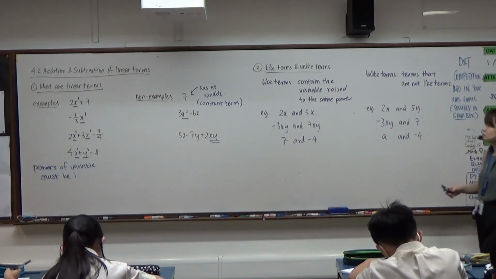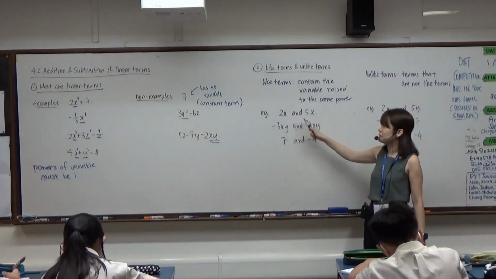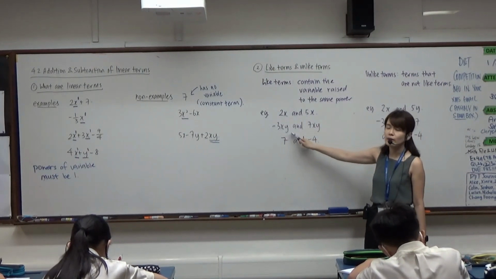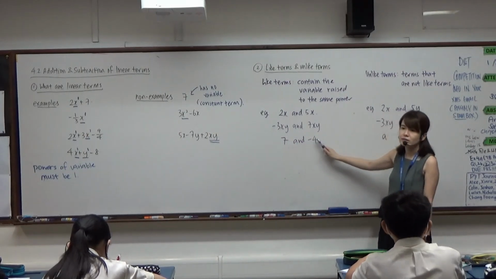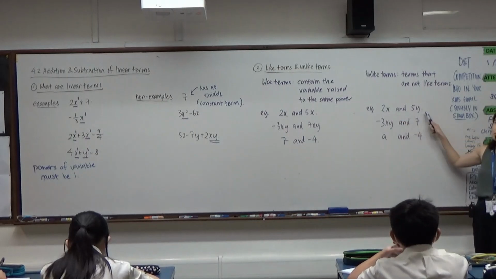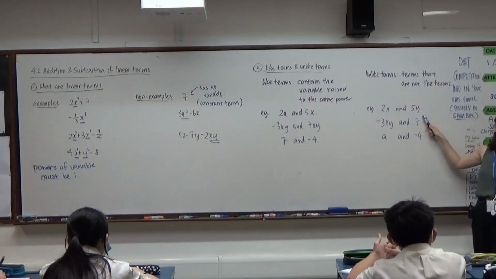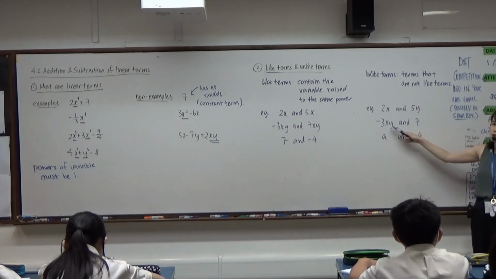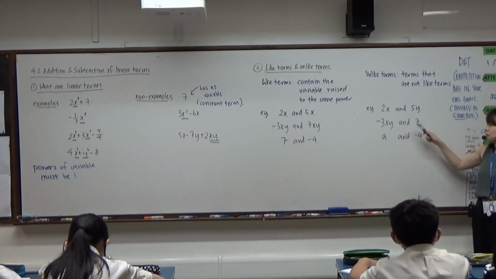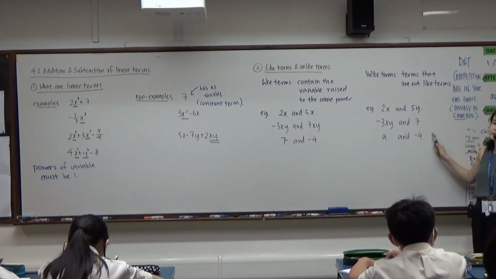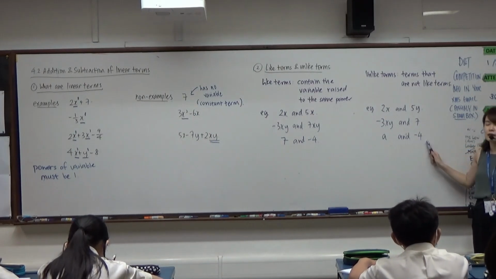For like terms, notice that the variable used is exactly the same. x and x, xy and xy. Whereas over here, this one x, this one y, they are definitely not going to be like terms. This one xy, this one got nothing, not going to be like terms as well. This one is an algebraic variable, and this one is just a number, confirm not like as well.